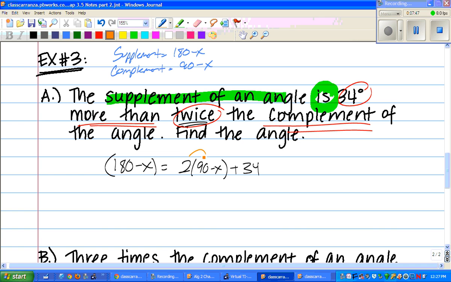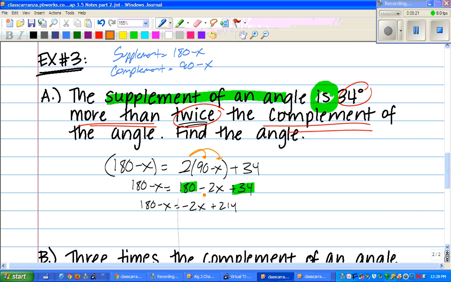Now all we gotta do is go through and solve. Okay, so we're going to distribute. Get 180 minus x equals 180 minus 2x plus 34. Combine your like terms. We still have 180 minus x over there, negative 2x, and that gives us 214.